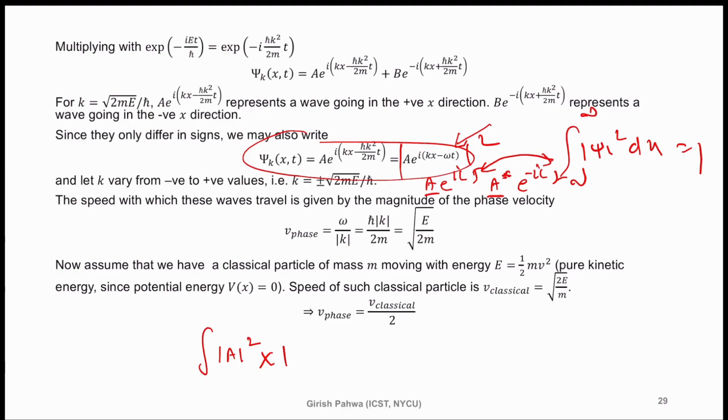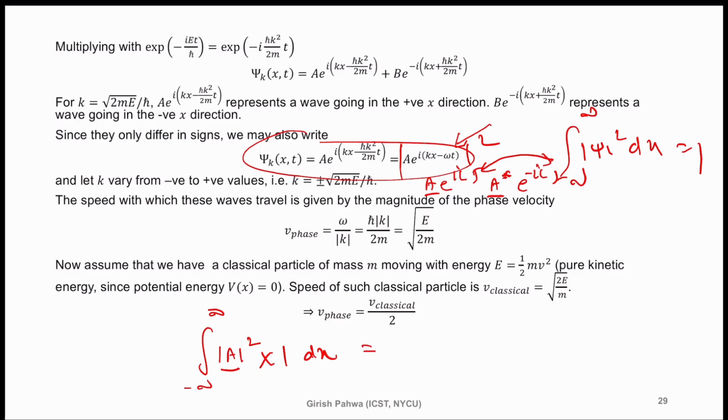This will become mod a square dx, from minus infinity to infinity. What will be the answer? Is it a finite number or infinite number? Mod a square, and a is a non-zero number, because if a is 0, then psi becomes 0. So a can't be 0. I'm not talking about trivial solutions.